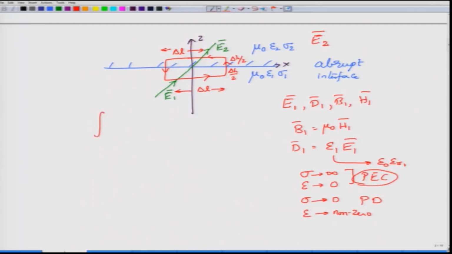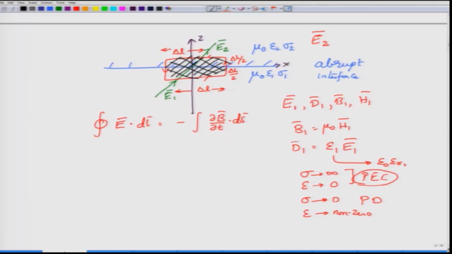Well, I know that the closed loop integral of E is given by minus the integral of del B del T dot ds. The ds is the surface element created by this loop, enclosed by this loop, and of course, this surface has to be open, whereas the loop on which we are integrating the electric field has to be closed.